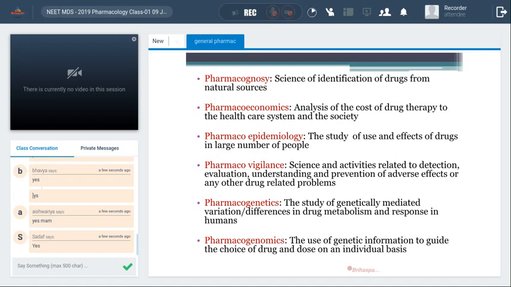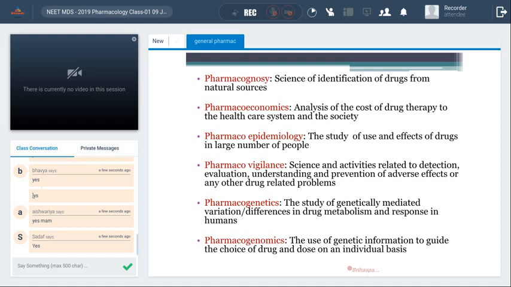Other than the pharmacological effect, the drug can have adverse effects. So we have to know why it is happening. We have to detect first of all that it's an adverse effect, and we have to prevent future such occurrences. That is called pharmacovigilance.